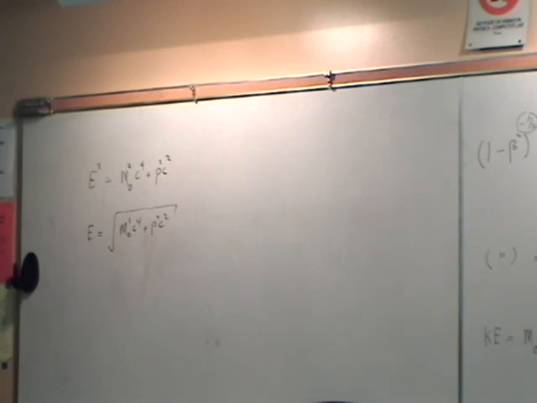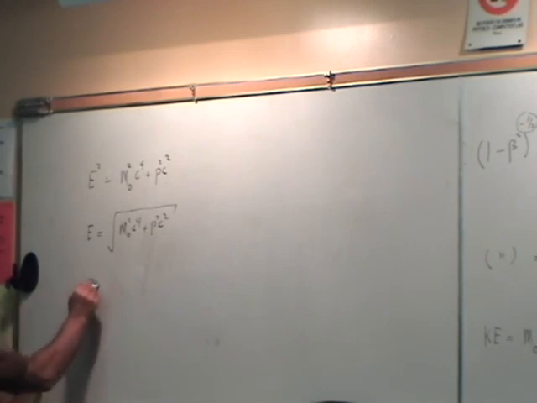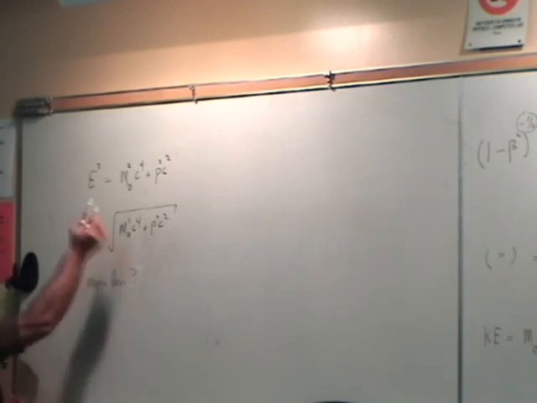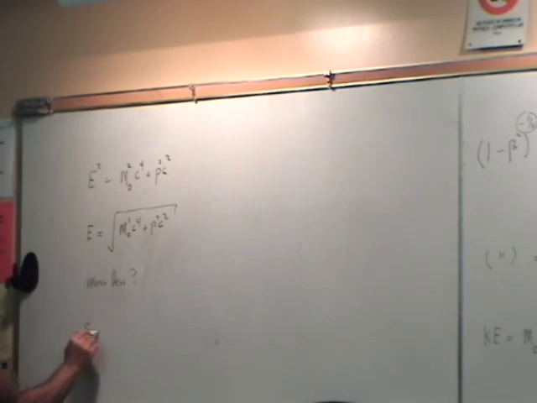What if there were a massless particle? In a massless particle, then of course this term is gone and we have E equals pc. So in terms of a massless particle, you have a very interesting, odd relationship between energy and momentum.